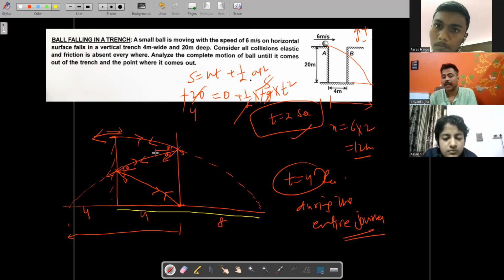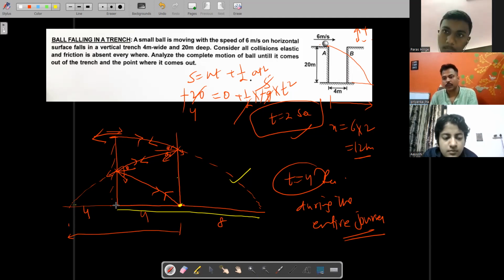The path that it will follow after striking is in reality the mirror image of this path. So if it is 8 meters from here, this length will also be 8 meters from here, but it is already 4.